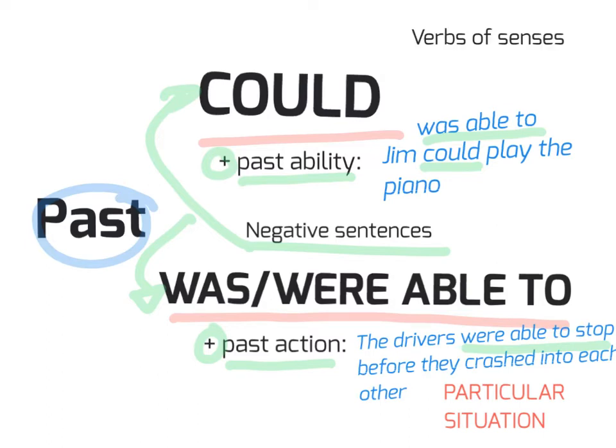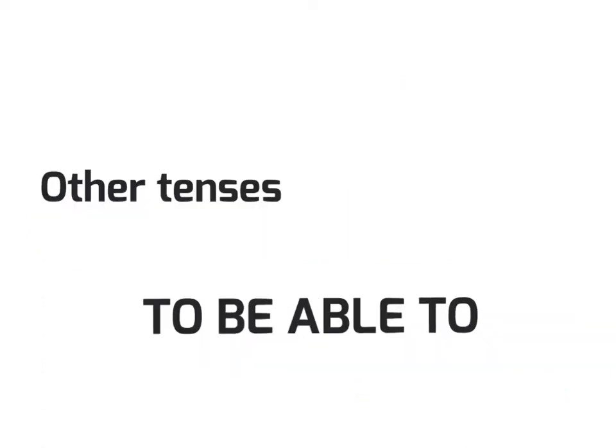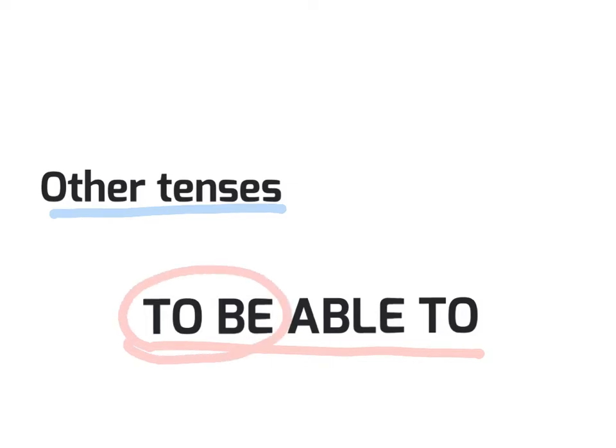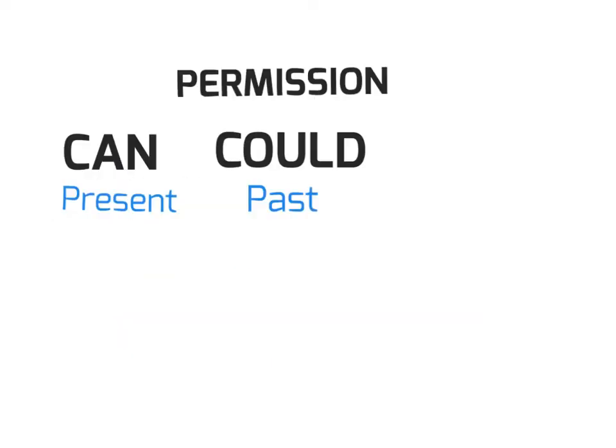And finally, with verbs of senses, we normally use could, even if it is a particular situation. And as we said before, for the other tenses, we use to be able to, writing the verb to be in the proper tense.